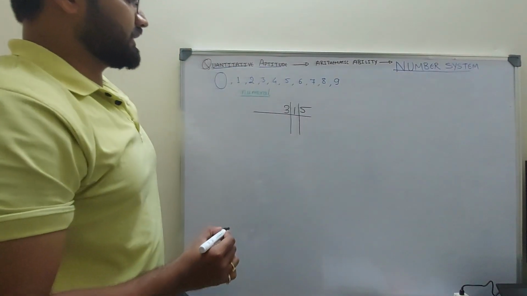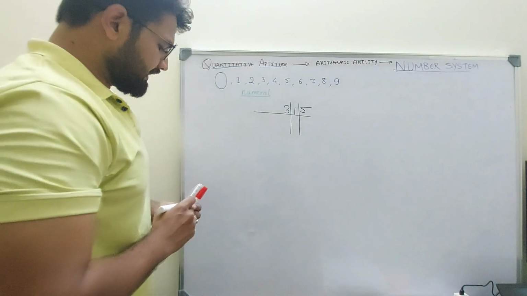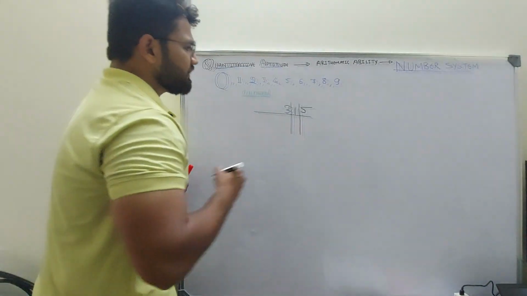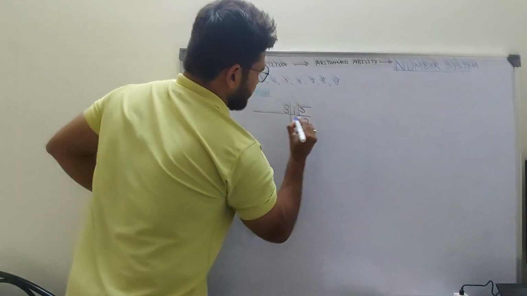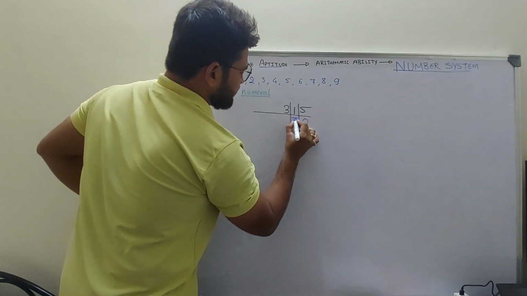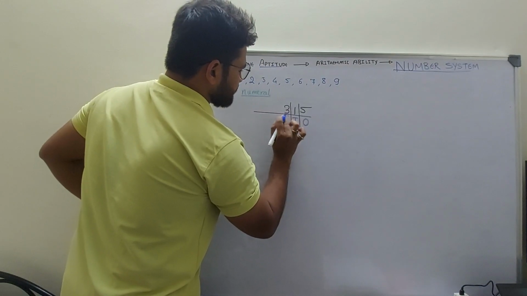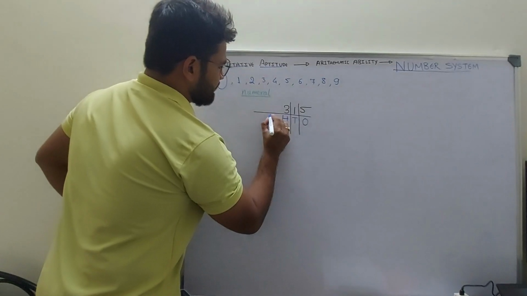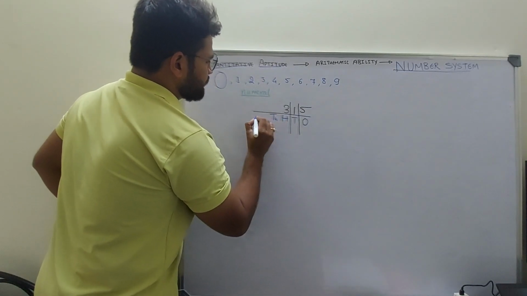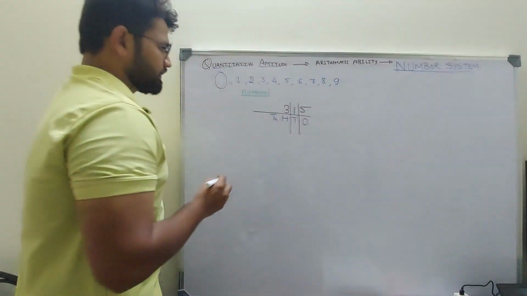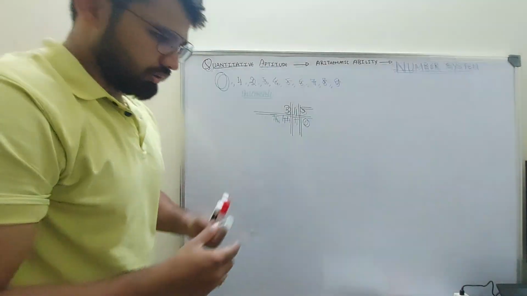You can divide into various place values for each number. That is, 5 is on the ones place, 1 is on the tens place, 3 is on the hundreds place. And so on. We might have 1000 over here, then 10,000, and so on.